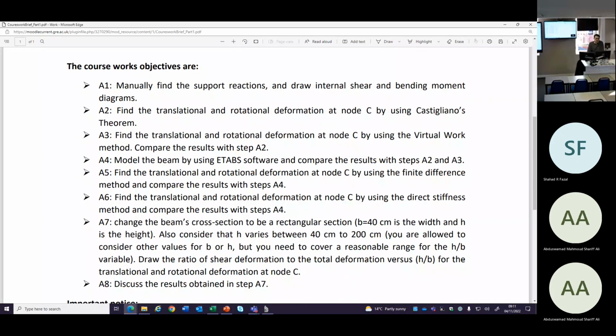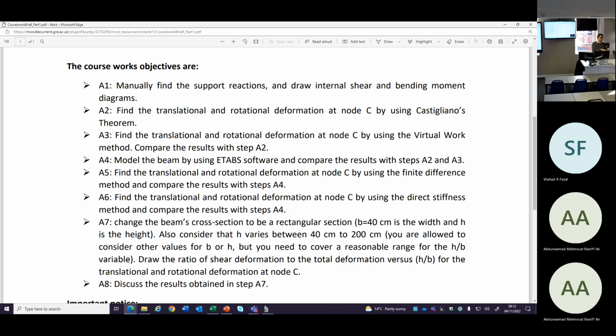You need to do 8 steps in your calculation and report, and I need to see these A1 to A8 in your submission. For A1, manually find the support reactions and draw the internal bending moment. You can put in a Word file, or scan your handwriting, whatever, and then go to A2.